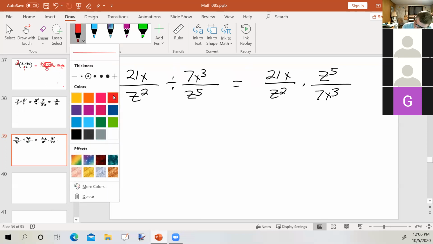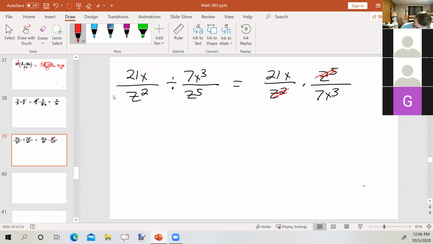So now z to the fifth over z squared would be z cubed. 21 over 7 would be 3 over 1. X over x cubed would be 1 over x squared. So we end up with 3z cubed over 1x squared. We good?